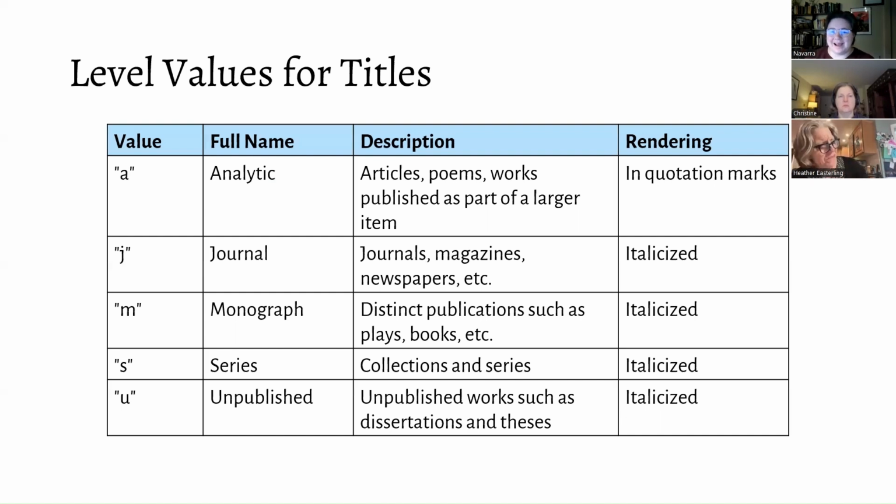Now, you don't need to have all of those perfectly memorized, because when you're working in Oxygen and you wrap something in title, you add that space and you click the letter L, level is going to come up as an option. Select that, and it's going to give you a drop down that gives you A, J, M, S, U. If you scroll down through those using your up and down arrows, when you have each one selected, it will give you the definition.